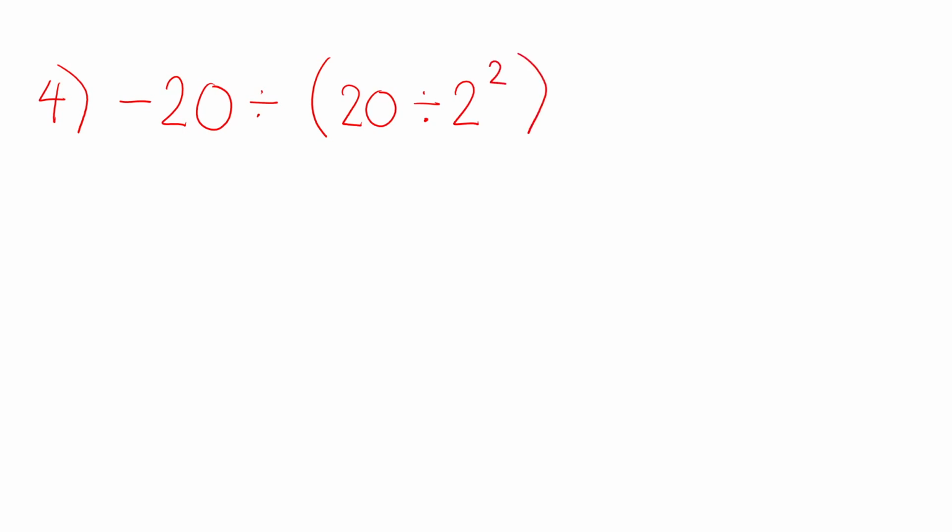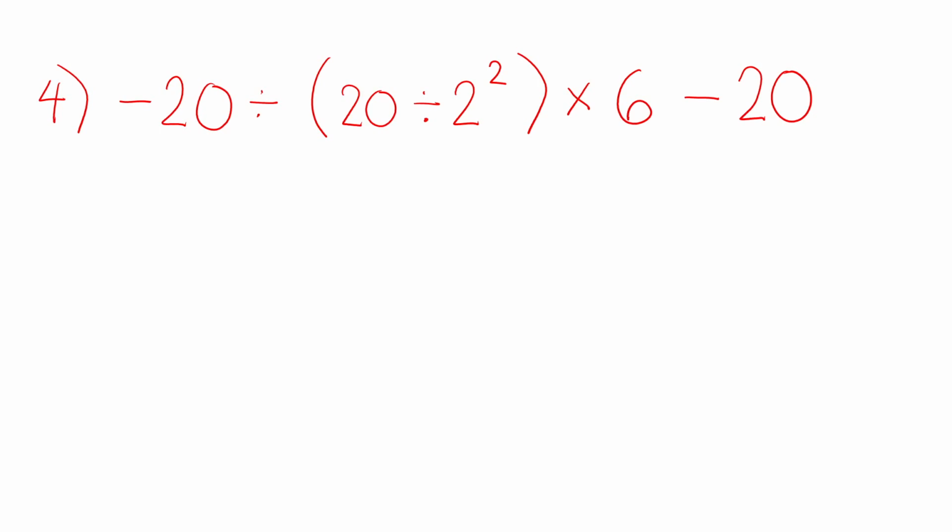Okay, now let's have this example. Example 4: negative 20 divided by, let's have 20 divided by 2 squared, then I'll multiply this by 6 minus 20. What's the priority here?